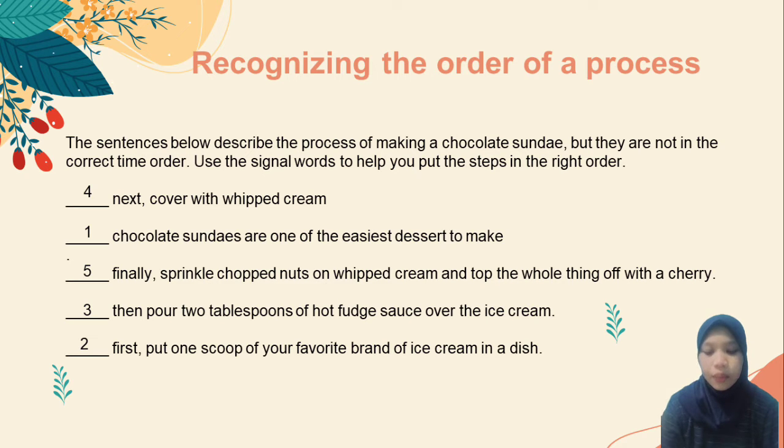First, put 1 scoop of your favorite brand of ice cream in a dish. 3. Then pour 2 tablespoons of hot fudge sauce over the ice cream. 4. Next, cover with whipped cream. 5. And finally, sprinkle chopped nuts on the whipped cream and top the whole thing off with a cherry.